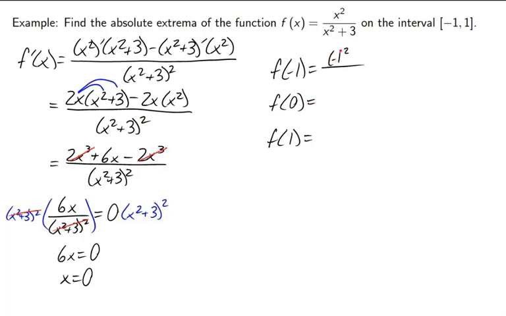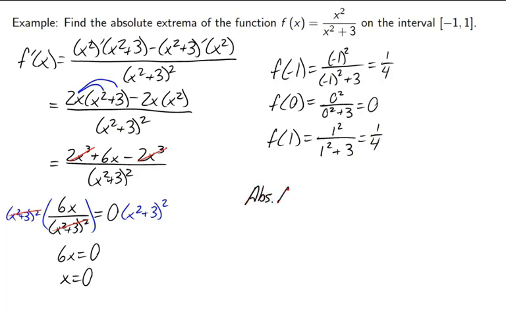Alright, I get -1 squared over -1 squared plus 3. That's 1 over 1 plus 3, which is 1/4. At 0, I get 0 squared over 0 squared plus 3. That just simplifies to 0. And at 1, looks like I'm going to get the same answer as I did for -1, as 1 squared and -1 squared are the same values.